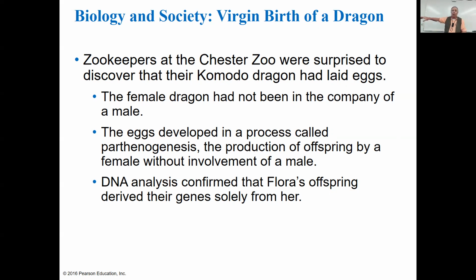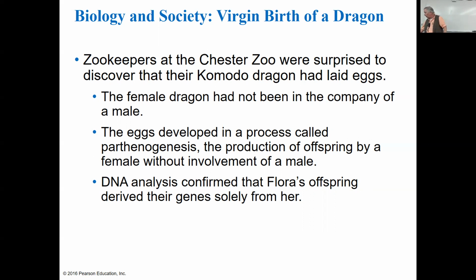Now, Komodo dragons usually reproduce sexually, so of course there are male Komodos. But every once in a while, the female can produce eggs by this asexual process, and her offspring are related to her 100% because they have the same genes she has.